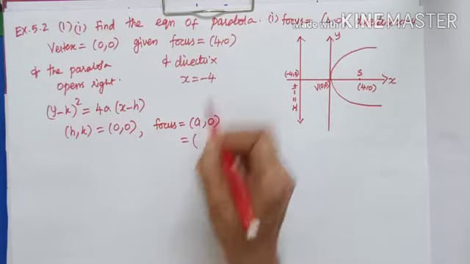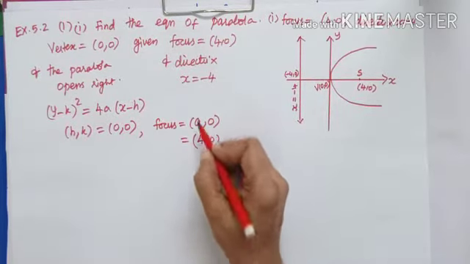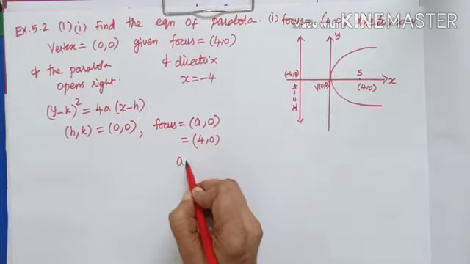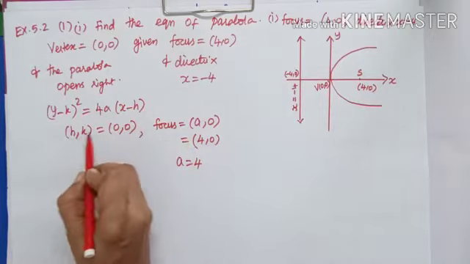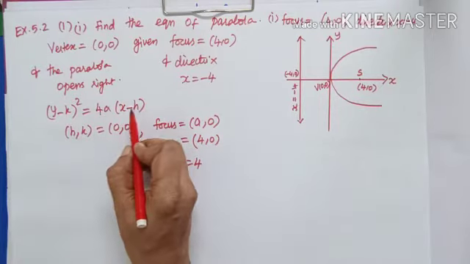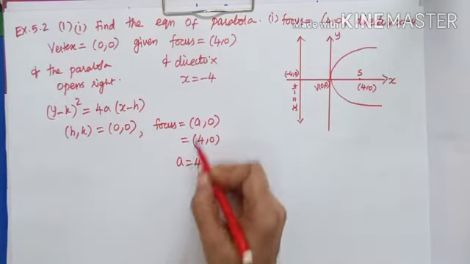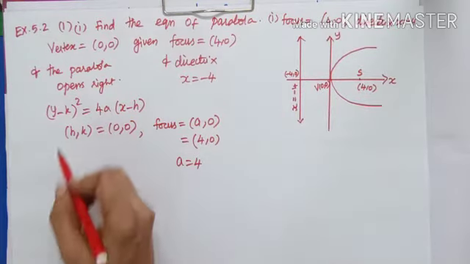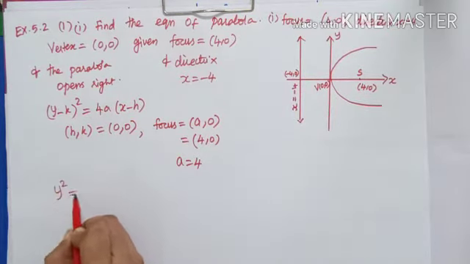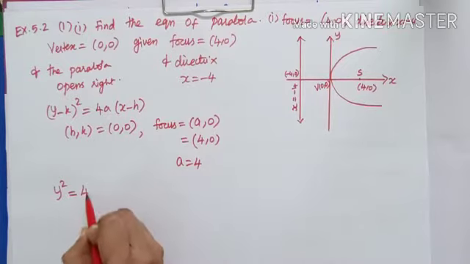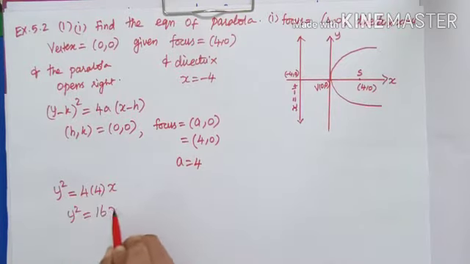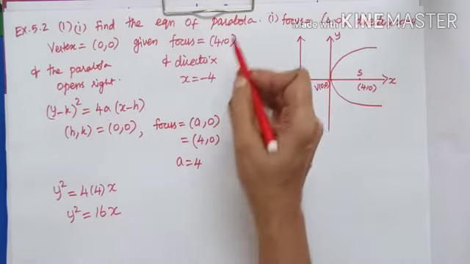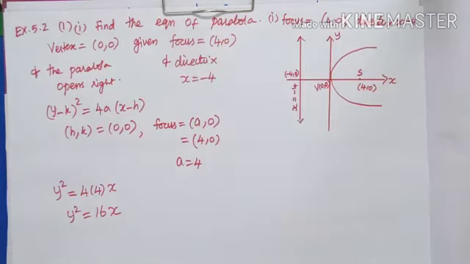They have given (4, 0), comparing, a is equal to 4. So in this equation, in place of h and k put 0, 0, and for a put 4. As I substitute, y square is equal to 4 into 4 into x, so y square equals 16x, and that is the equation of the parabola.